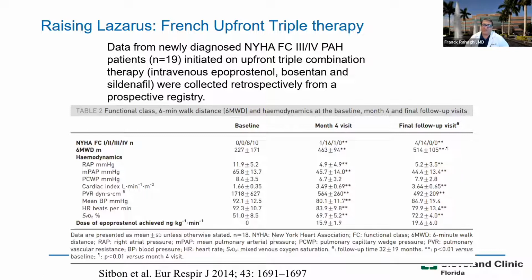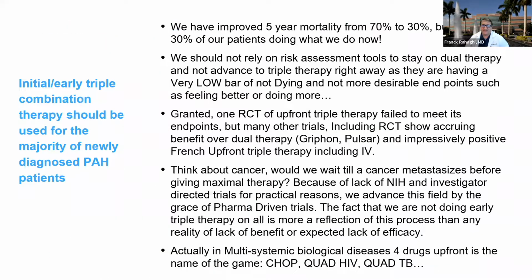That's an increase of more than like 290 meters. That's amazing. And why wouldn't it be? You have a disease that not one thing works at, and it seems like if you attack it from multiple dimensions right away and up front, you'll be able to make a bigger difference in people's lives.